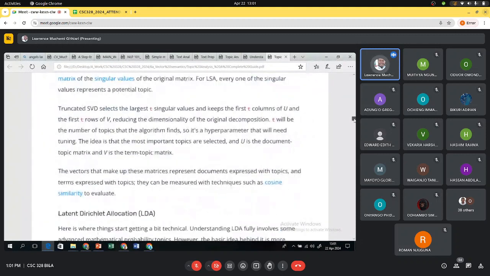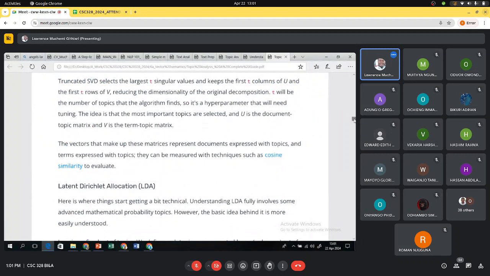And now the resulting matrices, I think there are three that result. Usually there's the S, there's the V, and there's the U. And here they say the idea is that the most important topics are selected, and U is the document topic matrix, and V is the term topic matrix.